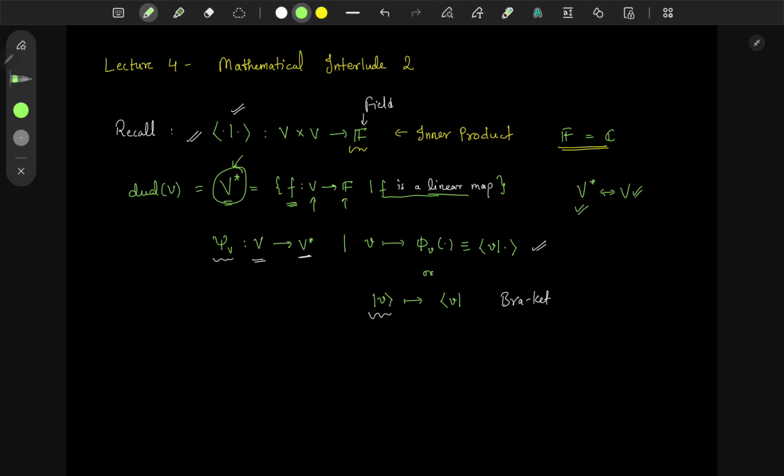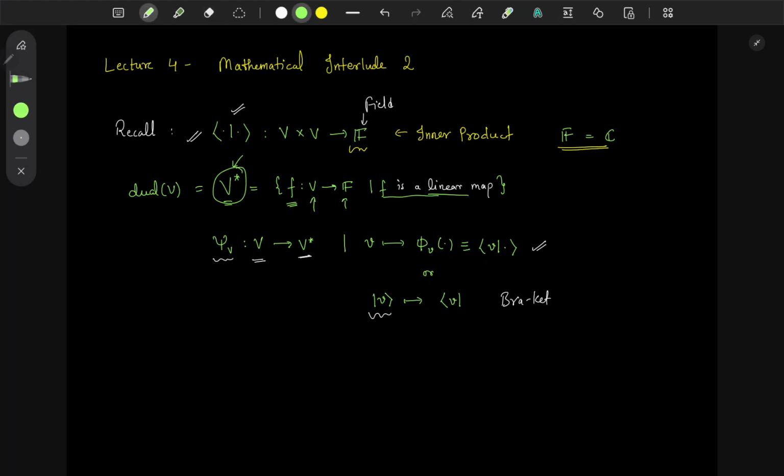It is not canonical because the corresponding element in V star depends on the choice of inner product. If you have one inner product and then another inner product, they will give you different elements of V star. So in that sense this choice is not canonical, but there is a one-to-one correspondence.